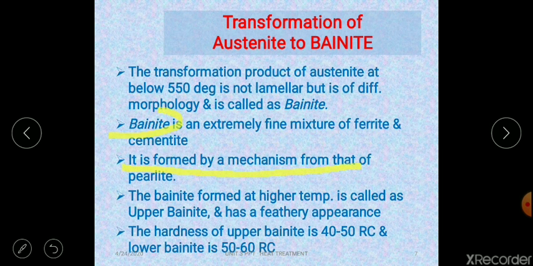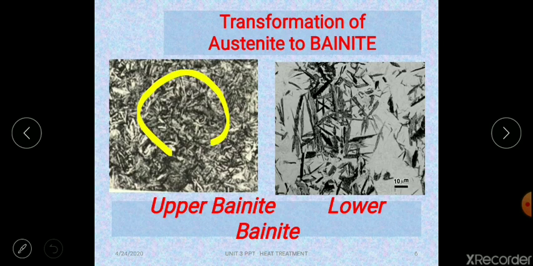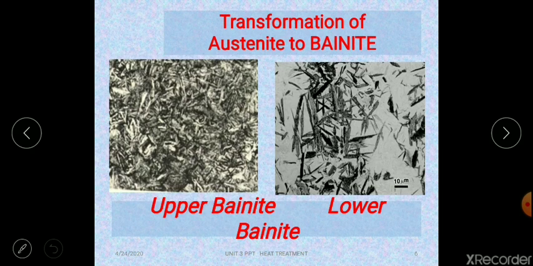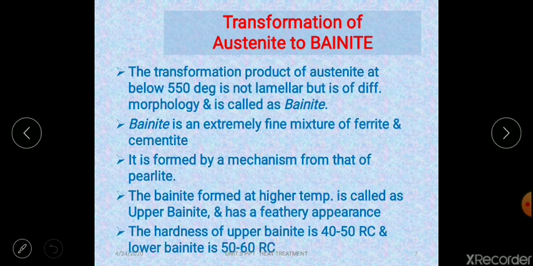It is formed by a different mechanism from that of pearlite. The bainite formed at the higher temperature is called upper bainite, which has a feathery appearance, and lower bainite has an acicular type of microstructure. The hardness of upper bainite is nearly 40 to 50 HRC, and that of lower bainite is 50 to 60 HRC.